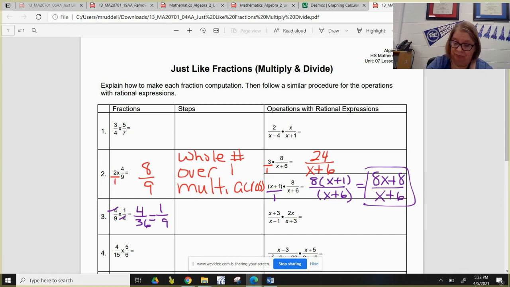Let me go back here and show you that. If I see that I've got a 4 on the top and a 4 on the bottom, exactly the same, 1 on the top and 1 on the bottom, I can cancel those out. You have 1 on the top and 9 on the bottom. If you don't notice that and you just multiply it, you can still reduce it. You'll still get the same answer. Cancel, then multiply.